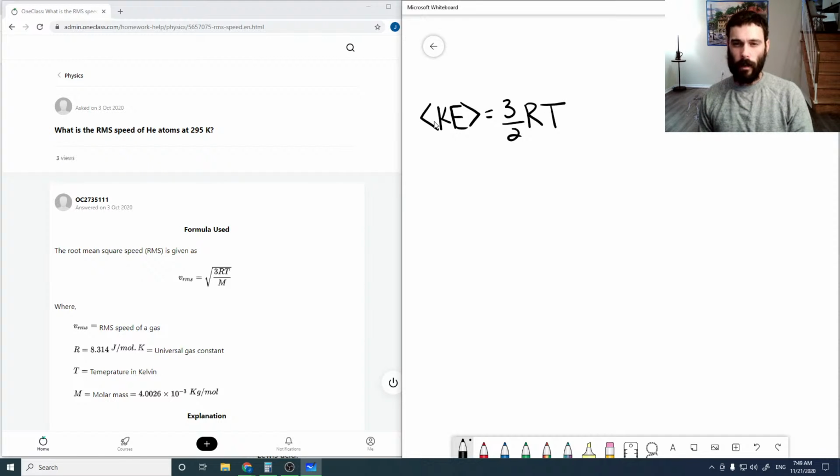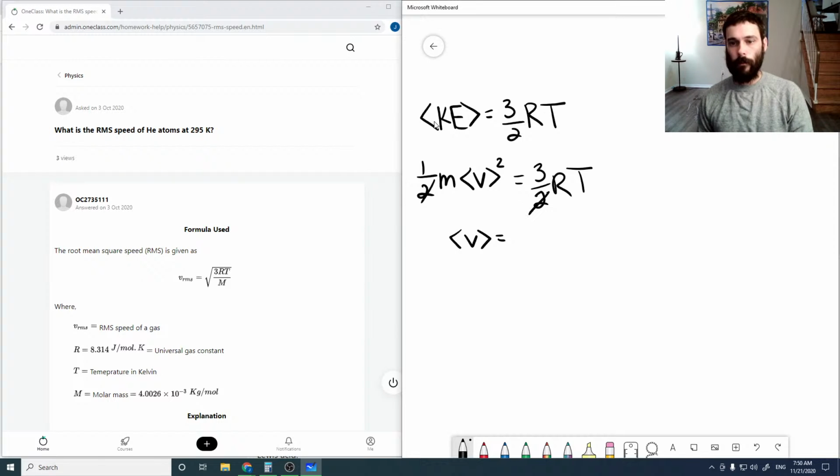But our average kinetic energy is, at least for a collection of similar masses, 1/2 mv squared, where v here is our average speed, or our RMS speed. And so we can solve for our speed by rearranging this.